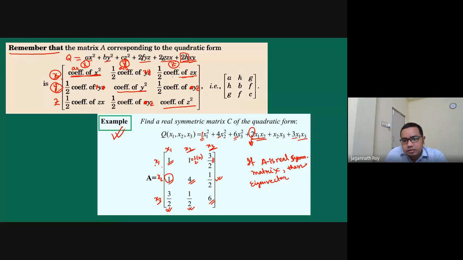Eigenvectors of A are pairwise orthogonal. Okay, we have seen that in the last class.